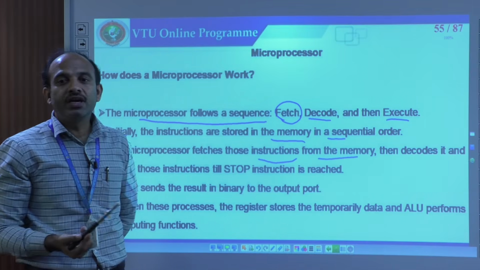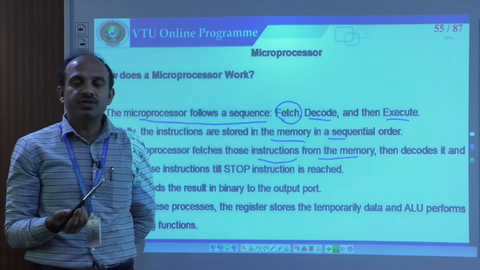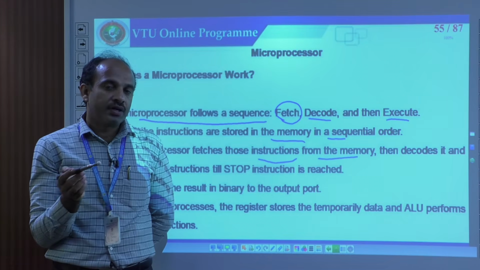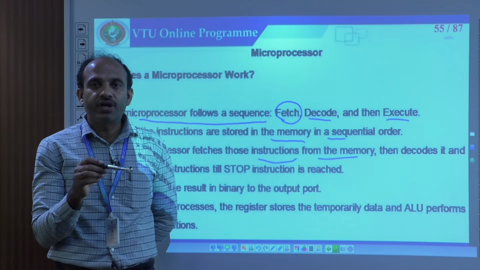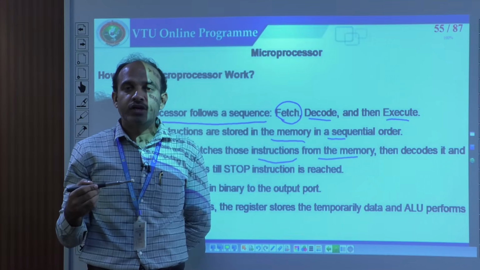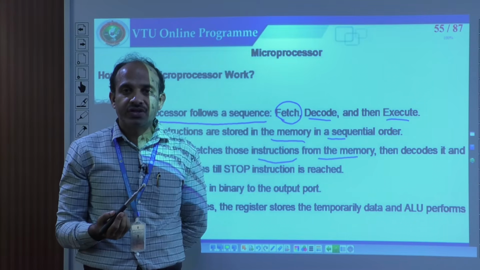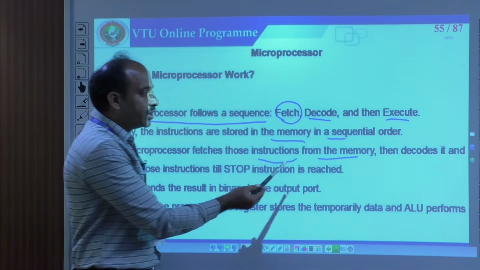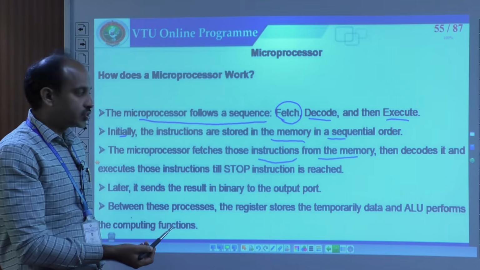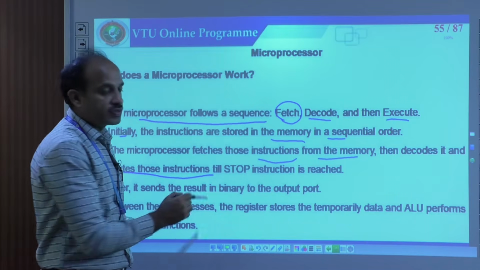Then it will start decoding them, because it has to understand the instructions you have given, which are in a high level language: what exactly you have given, how it needs to process them, and what task it needs to accomplish. So first they will be fetched, then it will decode those instructions and then execute them.